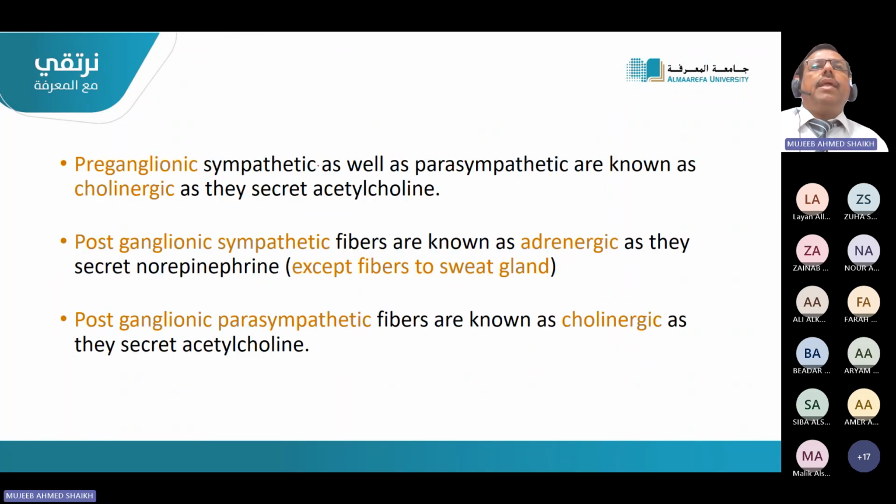So preganglionic sympathetic as well as parasympathetic are known as cholinergic. Suppose you draw two fibers here, this is preganglionic and this is postganglionic sympathetic fibers. Similarly, parasympathetic.